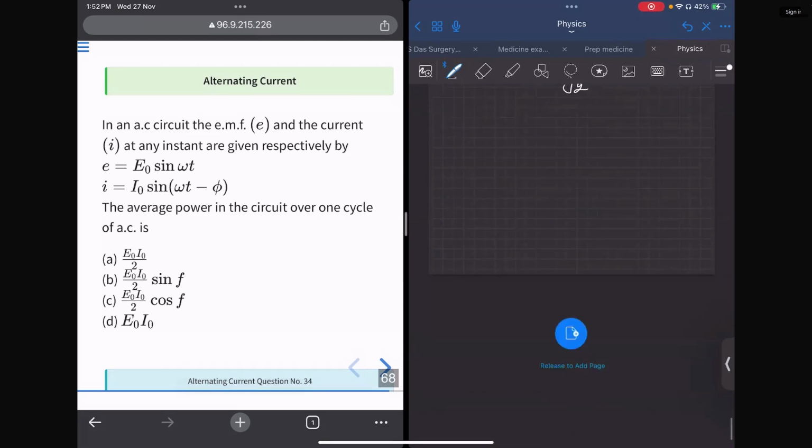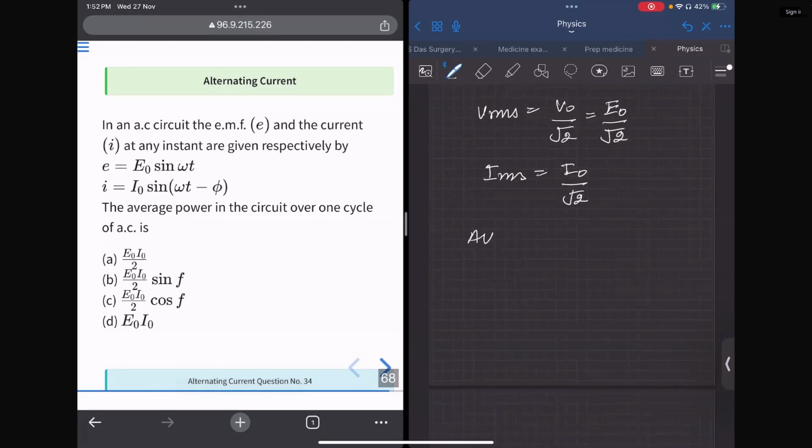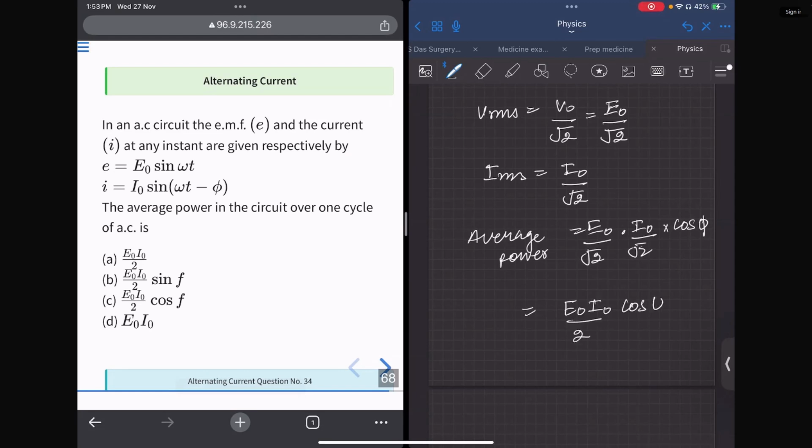So average power equals E naught by root 2 into I naught by root 2 into cos phi, which is E naught I naught by 2 cos phi.